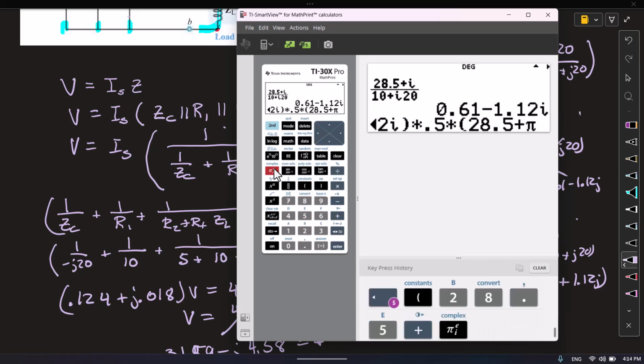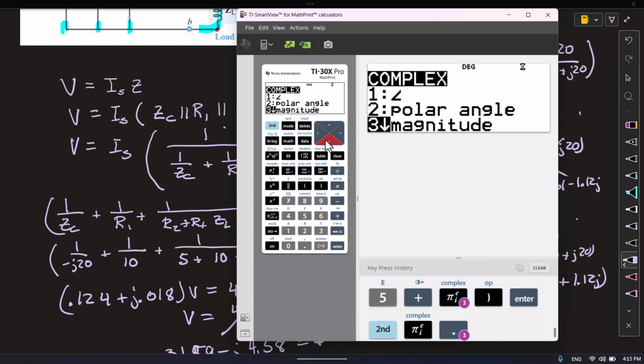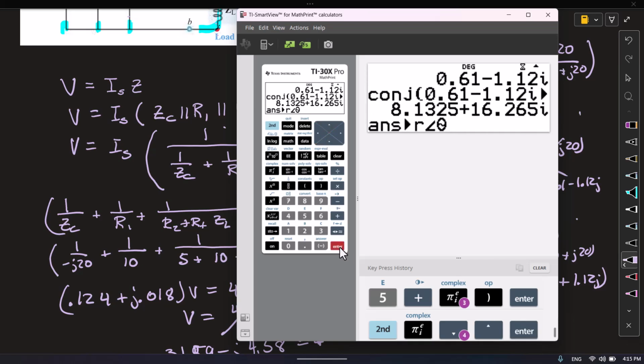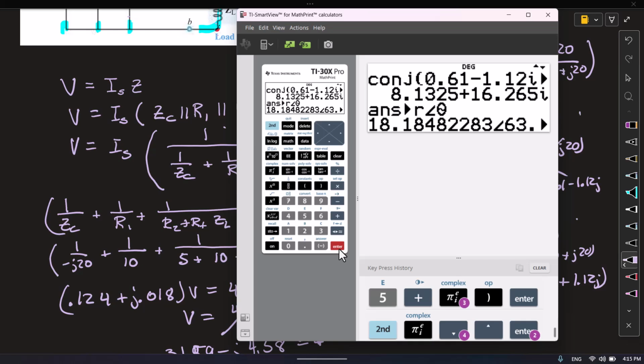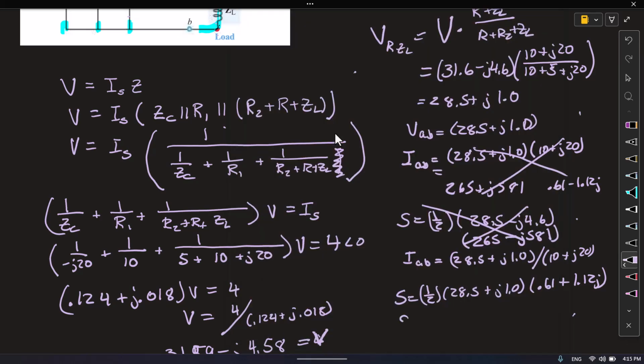And I get 8.135 plus 16.25 J. Let me convert that to polar. And I get 18.18 angle 63.4. And this is the total power, and so the units would be VA.